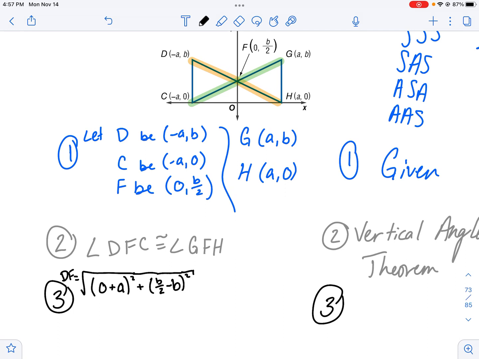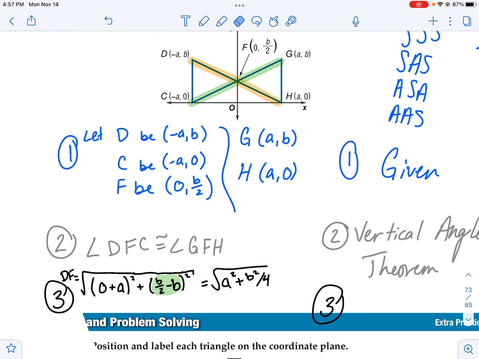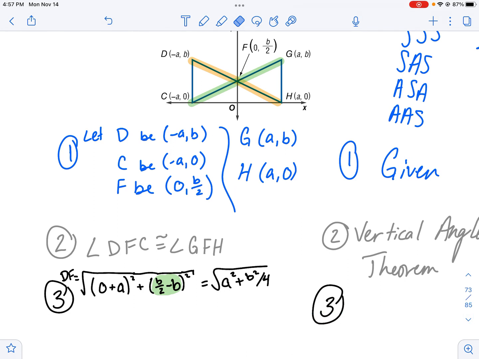When I simplify that, I get the square root of A squared plus B squared over 4, because when you take B over 2 and square it, you end up with B squared over 4. That's DF.